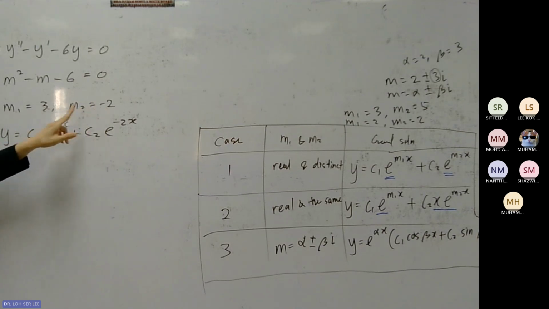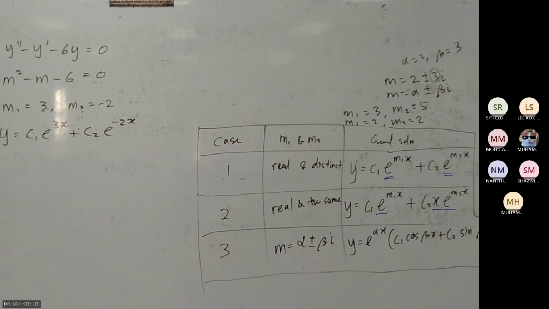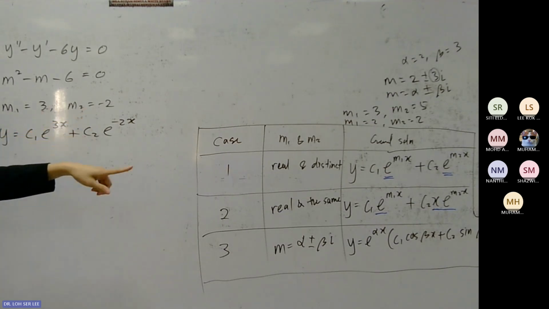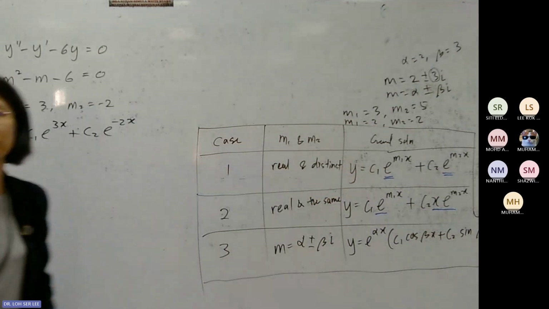If this is your M1, this is your M2, that means this is negative 2, this is 3. It's not the same, and there is no i. That's why we follow the first case.